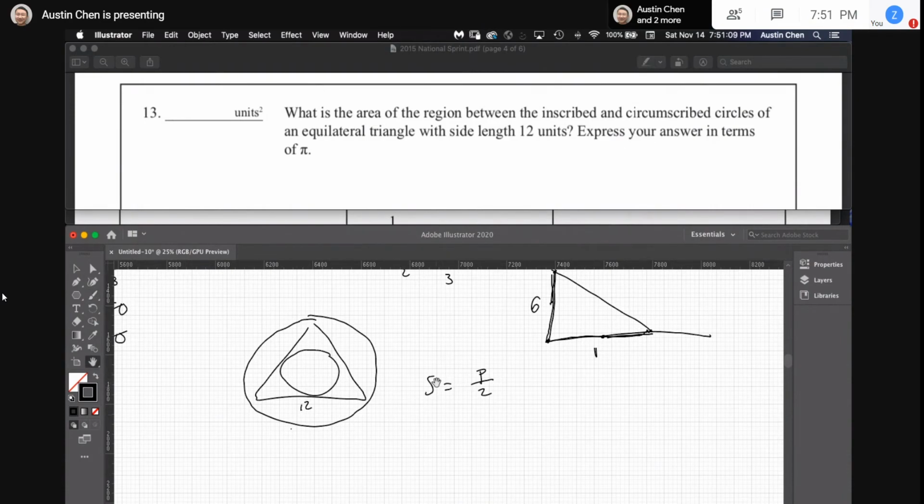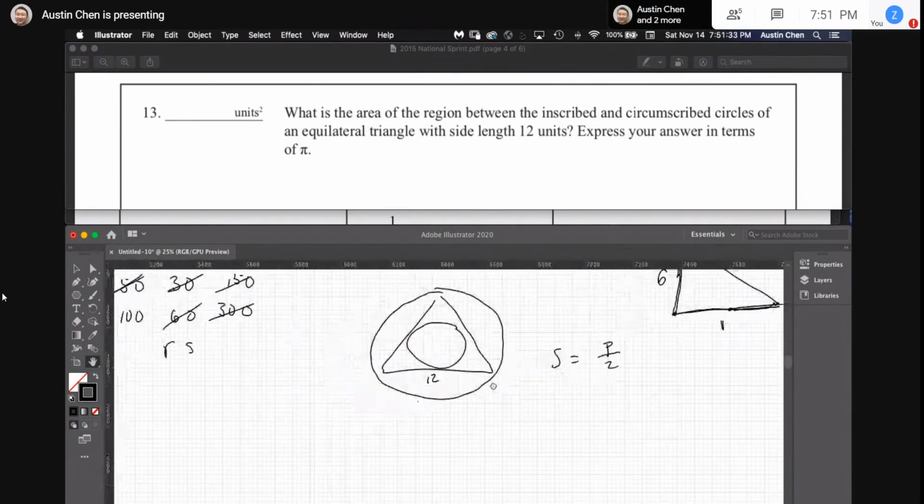You might be asking, why don't we just use perimeter over 2? Well, with triangles, perimeter over 2 comes up a lot in triangle formulas. So mathematicians have made a new term called semiperimeter, and that's just the perimeter over 2.